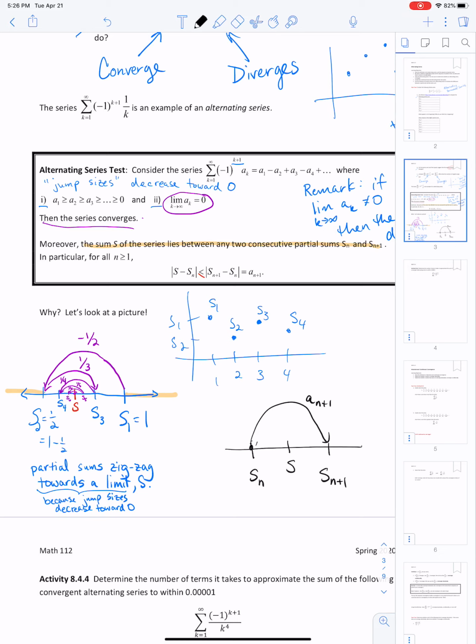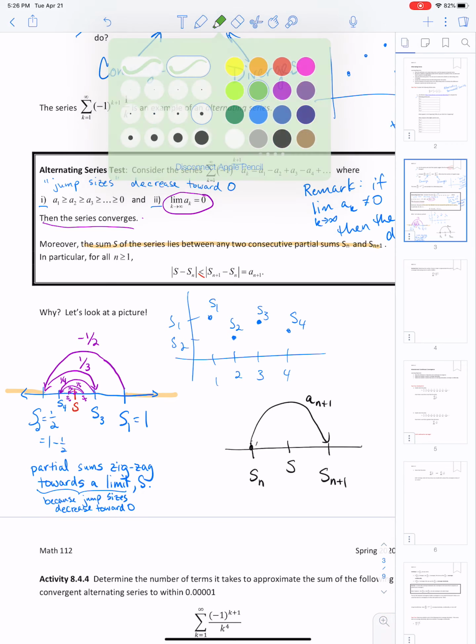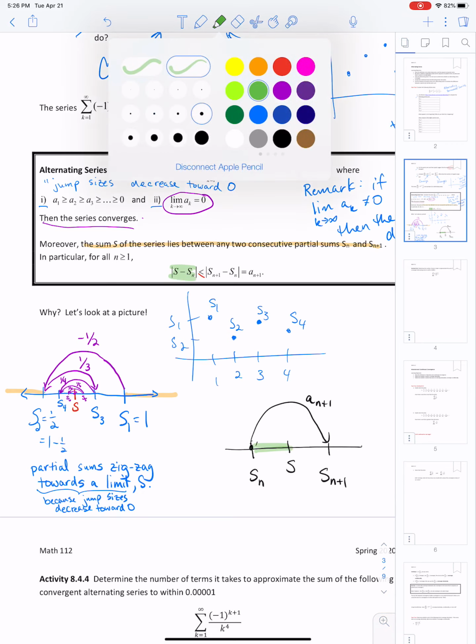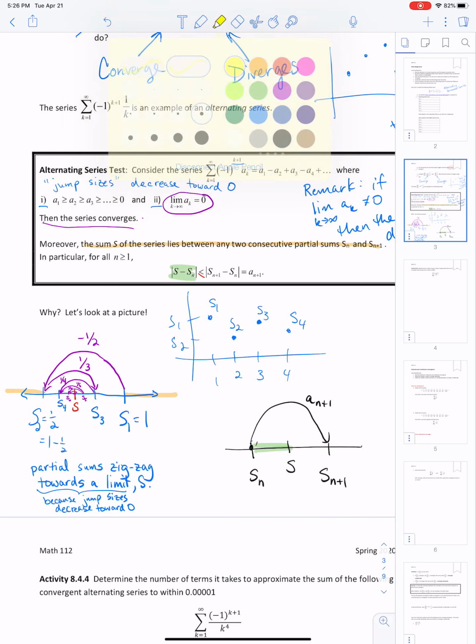So another way to say that is that this distance here, the distance from S to Sn, has to be less than or equal to this overall distance between Sn and Sn plus 1. And this distance is equal to An plus 1.